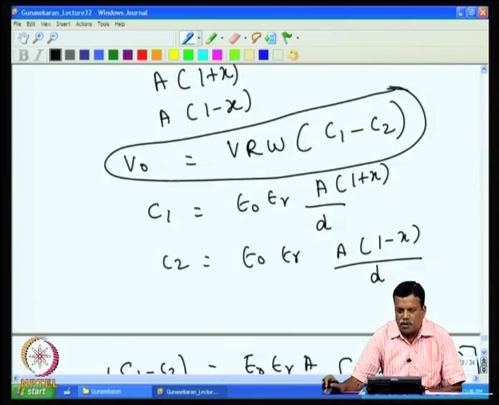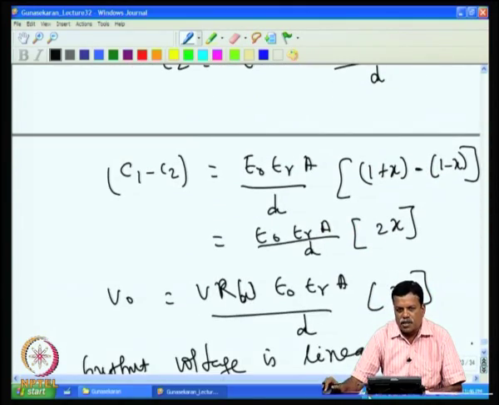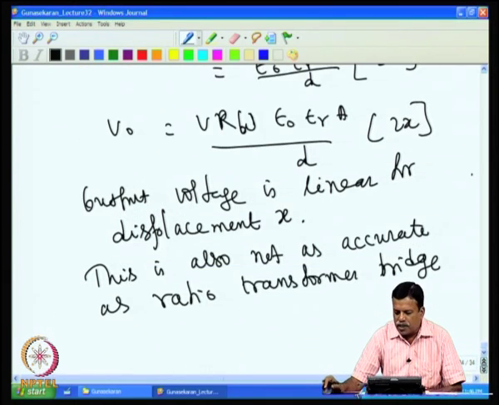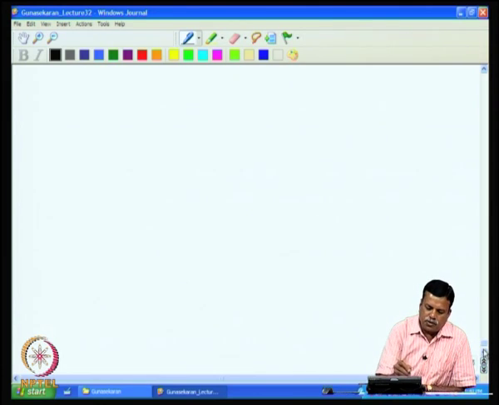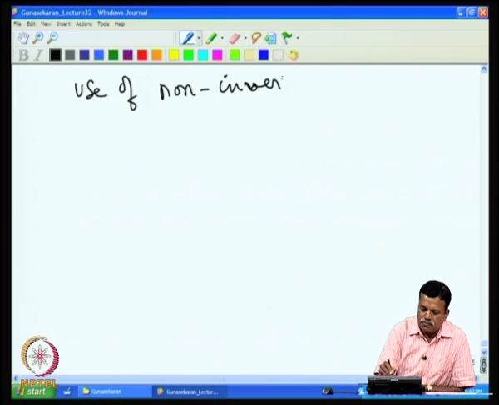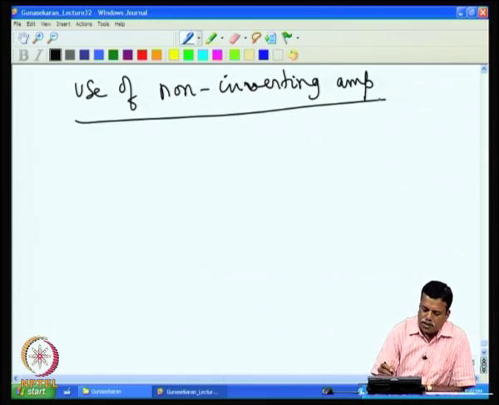Or can we use an inverting amplifier instead of a non-inverting amplifier and see how the circuit works? In the case of the non-inverting amplifier, we can do this.